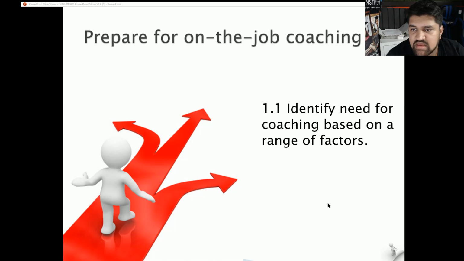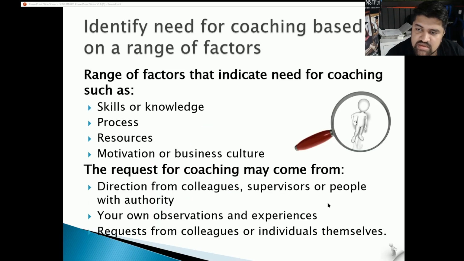So prepare for on-the-job coaching. 1.1. Identify need for coaching based on a range of factors.